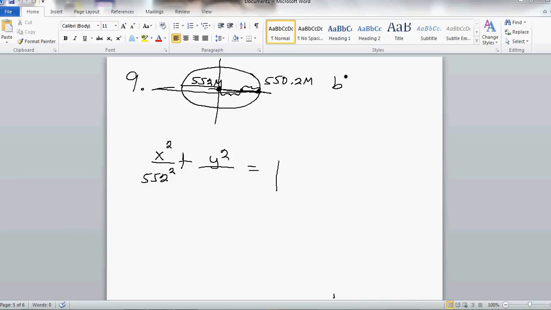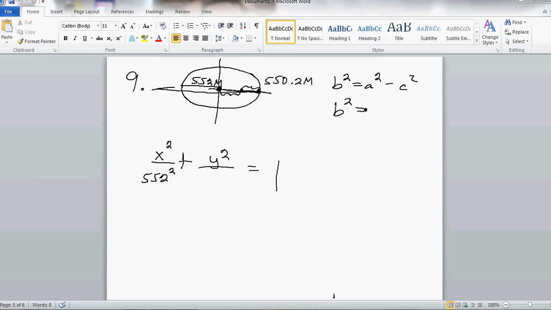And we have to remember this is the relationship, b squared equals a squared minus c squared. Well, we don't know what b squared is. If we did, we would just put it in here and we'd be done. So that's what we're trying to find.